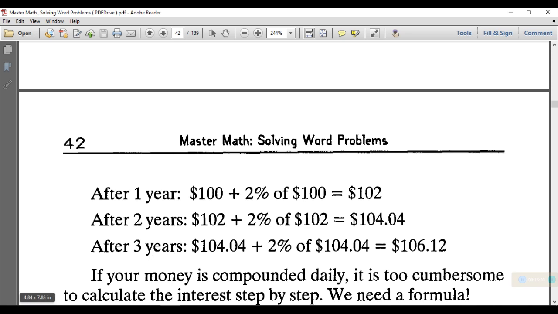So sa the end ng 3 years, ganun din ulit. Instead of using 100, yung mga susunod mo ng principal at the end of the year, na 104.04 na, ang lalagyan natin ng 2% na interest. So, you are going to end up with $106.12.